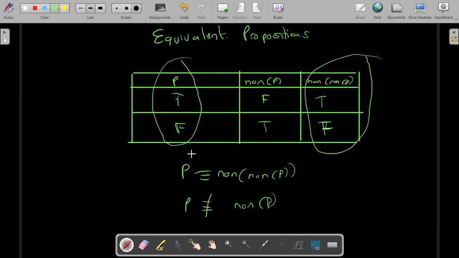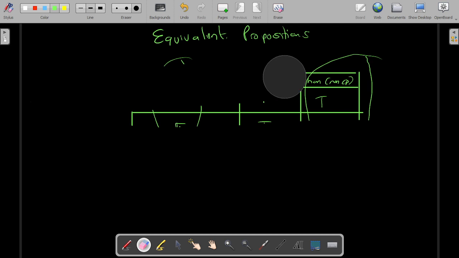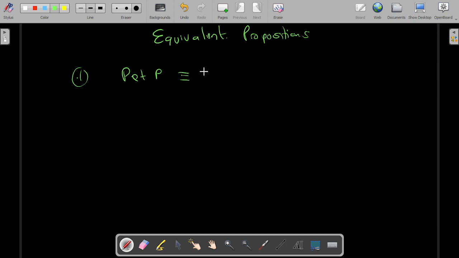From this we can talk about a number of properties. Let me give you one of the properties that we have. P and P is going to be equivalent to P. This is evident because P and P evaluates to true when both these propositions are true.